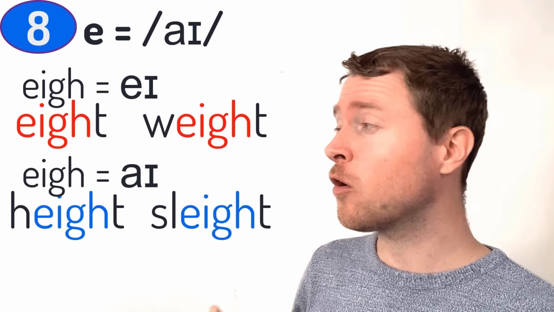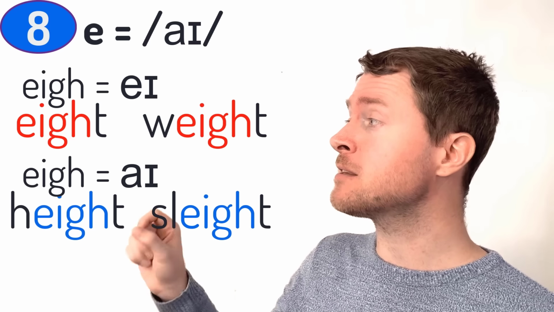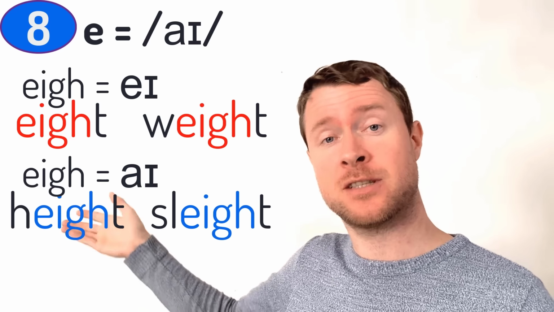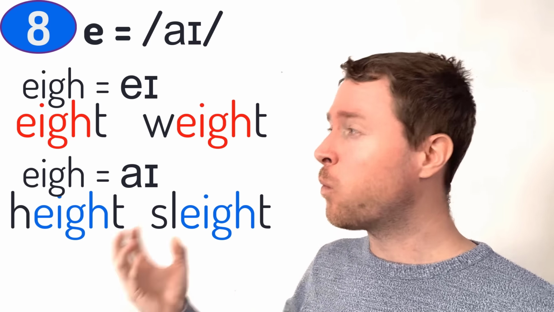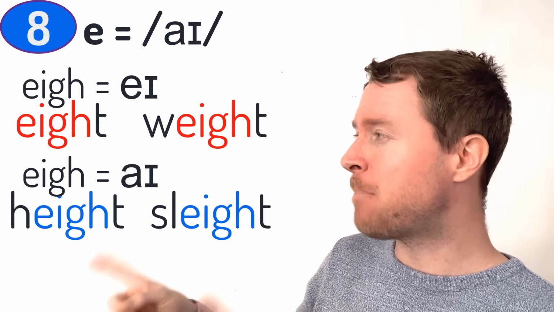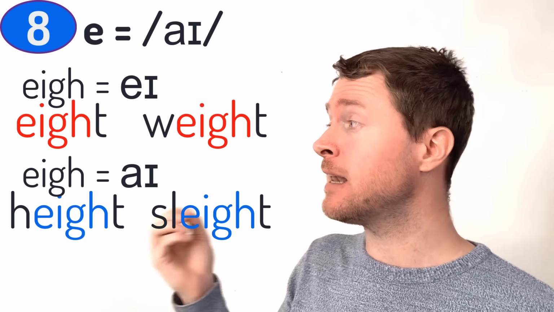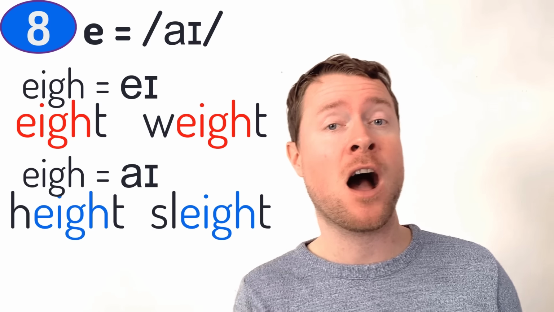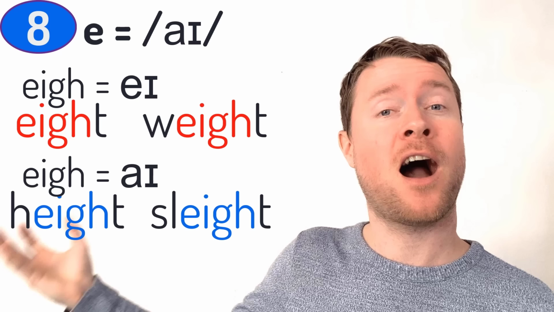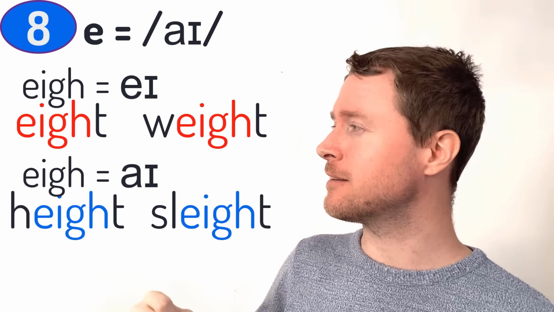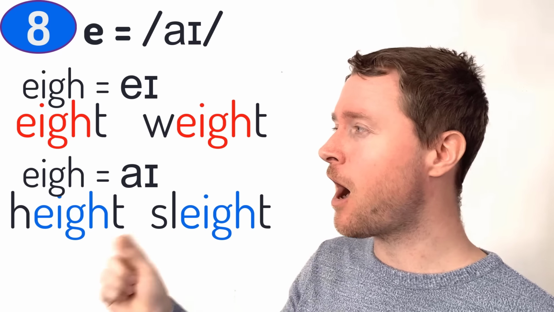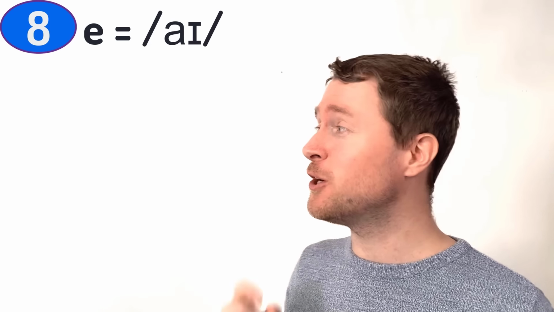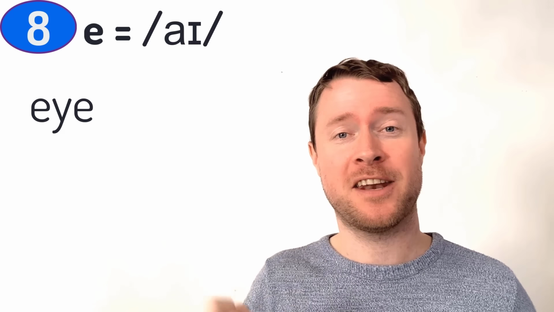Luckily, this is not common. Normally, the pronunciation of EIGHT would be eight, weight, freight, okay? But in some cases, the letter E here can be pronounced I, as in height or slight. Remember, height and slight. You'll also see this in a really common word, I and eyes.